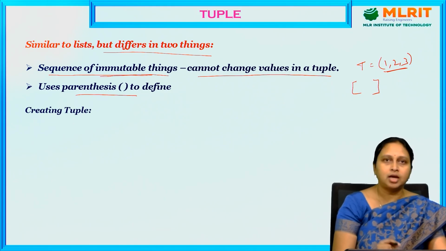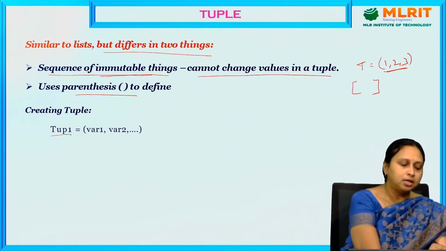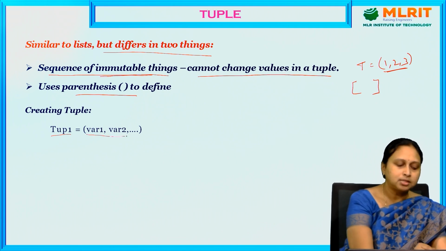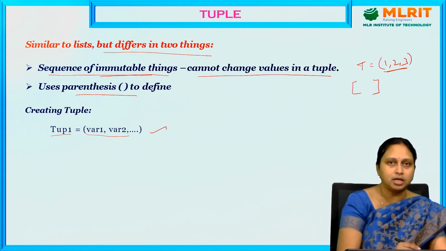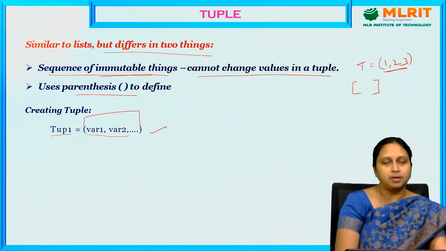We have different ways of creating a tuple. The first way is to specify the variable name, that is tuple1, assigned with some values, variable 1, variable 2, variable 3 and so on up to variable n. But when you define a tuple, you should represent it in round parentheses.